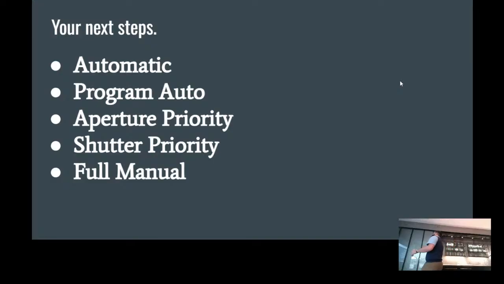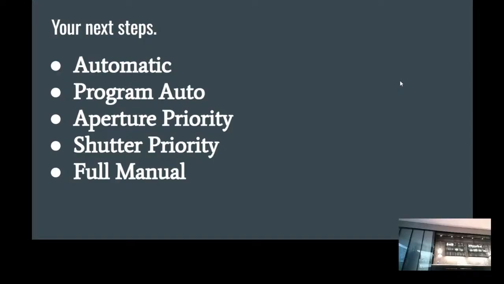If you were here last week or you've been shooting for a while, automatic and program automatic are the two ones you should start with always. Automatic, you are pointing the camera and taking a pretty photo. There's not much else to it and not too much of a complication behind that. Program auto, now you're getting more technical.